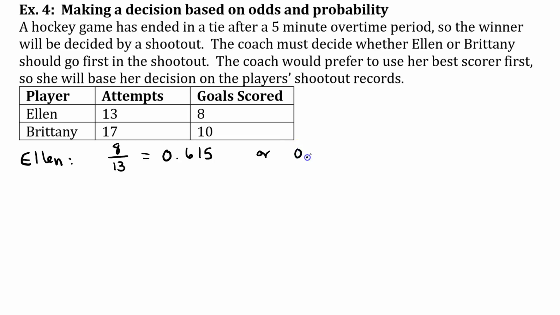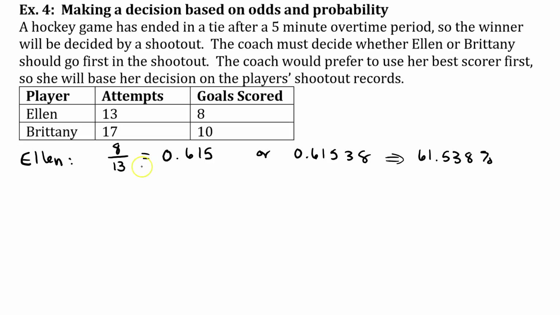We can say 0.61538, which converts into 61.538%. So remember, you can't just convert this into 61.5%. If the decimal keeps on going, you need to make sure that your final answer has 3 decimal places.